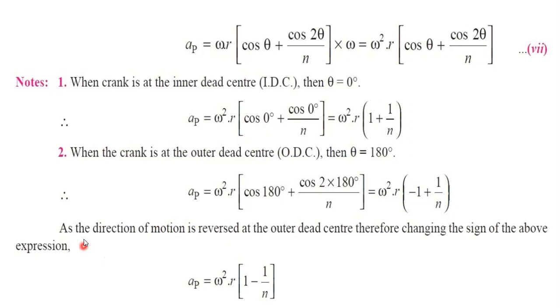Just imagine the direction of motion is reversed at the outer dead center, because it's moving from inner to outer. So there will be a change of sign. So automatically, due to the reversed motion, there will be a change of sign for the above expression. So once you change it, 1 by n minus 1, we can write the acceleration of the piston as omega square r into 1 minus 1 by n, since it's moving from inner dead center to outer dead center in the anti-clockwise direction.